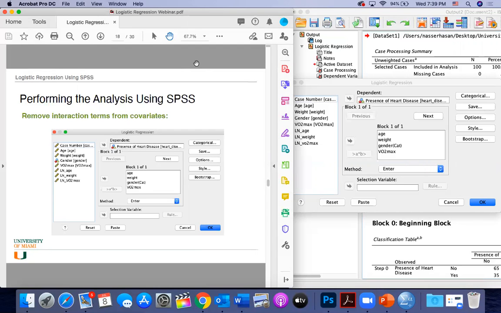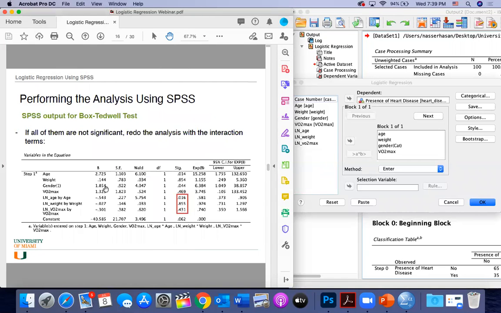Someone is asking, would we not include the main effects of the ln variables since we are including the interaction terms? So I didn't include them. If I can go back to the slides, let me show you. I was not including the main effects of the ln variables. I was including the original continuous independent variables.